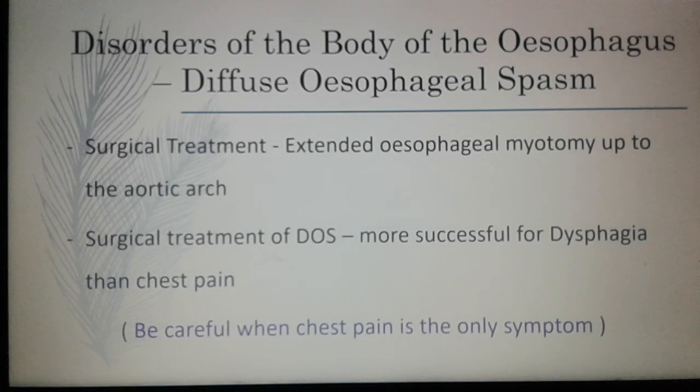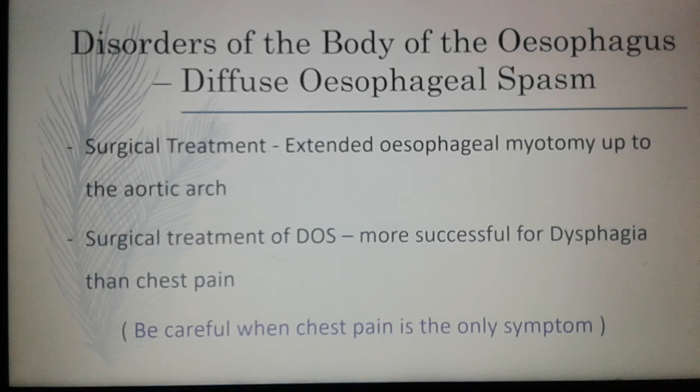The surgical treatment is an extended esophageal myotomy up to the aortic arch level. We must do an extended esophageal myotomy. Yes, this can help us in diffuse esophageal spasm. If the patient is complaining of dysphagia in diffuse esophageal spasm, and we opt for surgery, the result is very good.